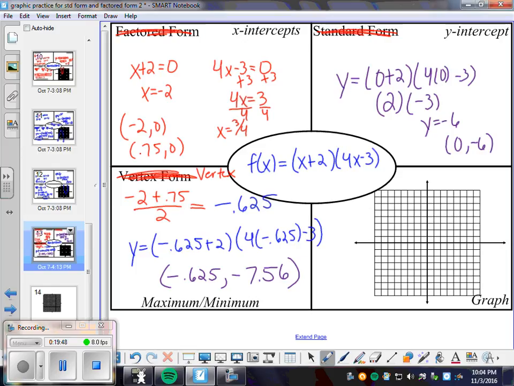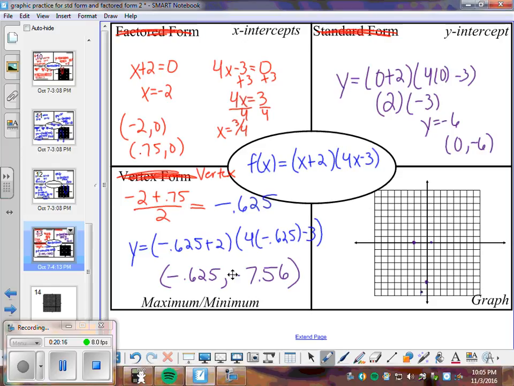Okay, so we're at -2, 0. We're at 0.75, 0, so almost 1. We're at 0, -6, and we're at -0.6, so almost 1, and then down almost to -8. Okay, so down in here somewhere.